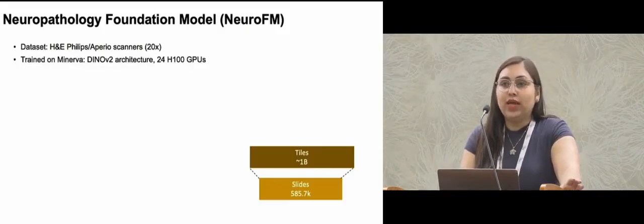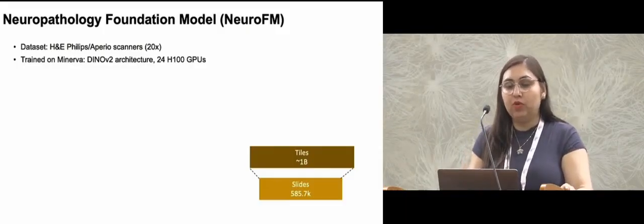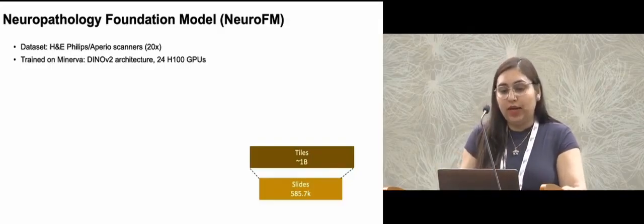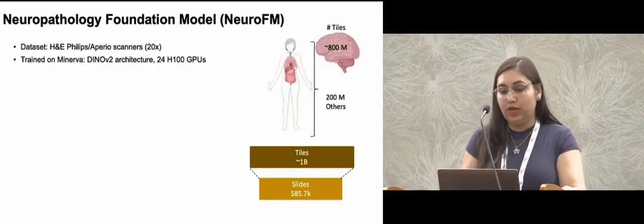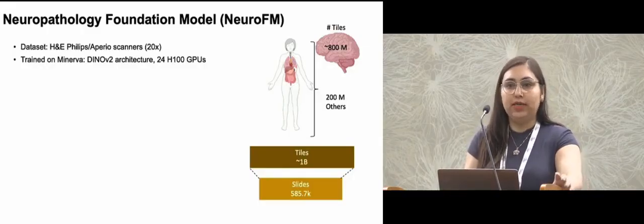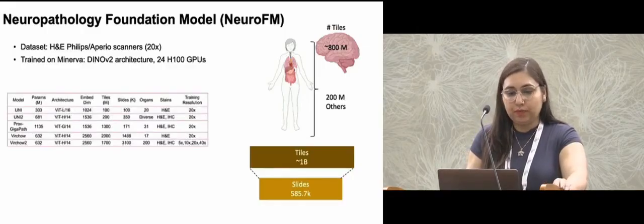The model was trained on H&E whole slide images using 20x resolution. And it was trained using DINOv2 architecture, using 24 H100 GPUs. So out of those 1 billion tiles, we used 800 million tiles specifically from brain, and 200 million tiles are used from other general pathology data to avoid overfitting of brain-specific artifacts.